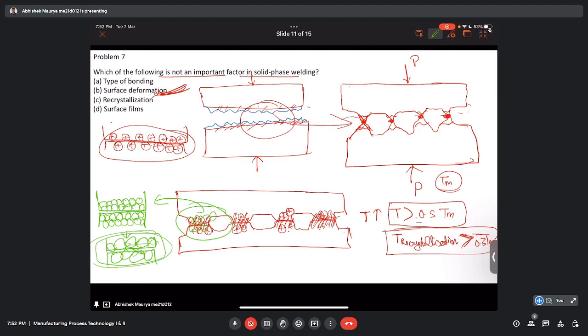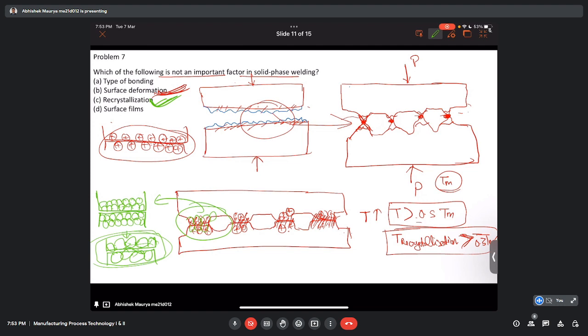So we can say recrystallization also affects the solid state welding, or recrystallization affects the strength of the weld in the solid state.